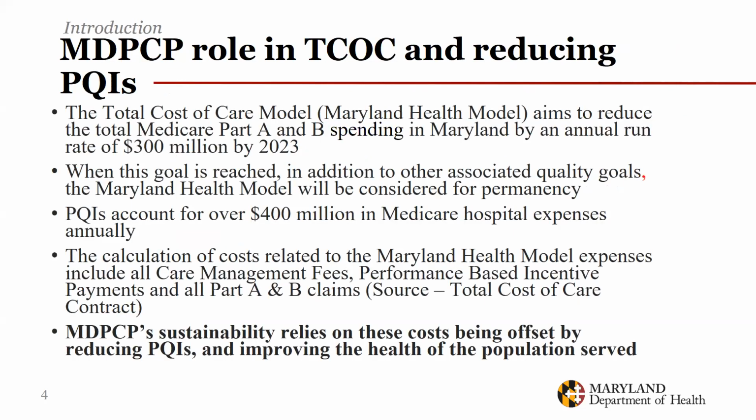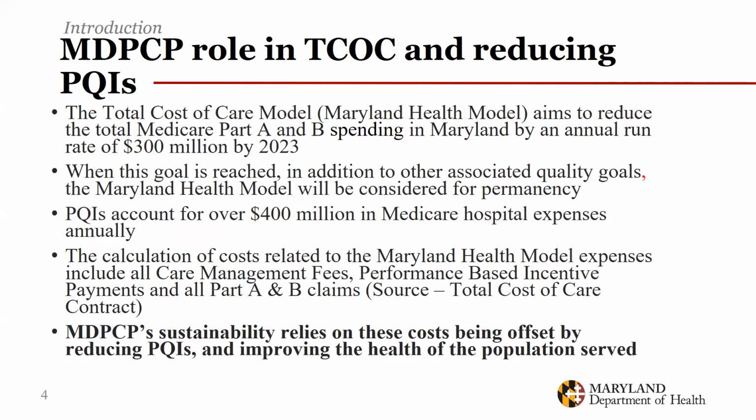So what's the Maryland Primary Care role, and the broader role within the Total Cost of Care Model contract, for reducing PQIs? As you probably know, the Total Cost of Care contract, which was entered into by the state in July of 18 and began in 19, committed the state to reducing Part A and Part B Medicare spending by 2023 to an annual run rate of $300 million less than what it was at the baseline.